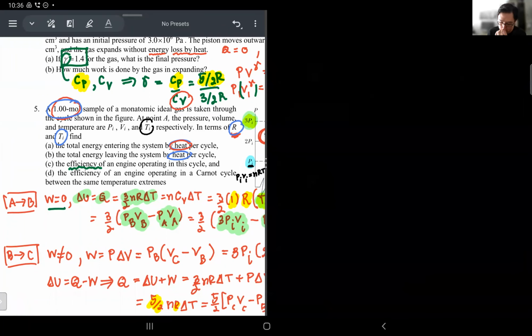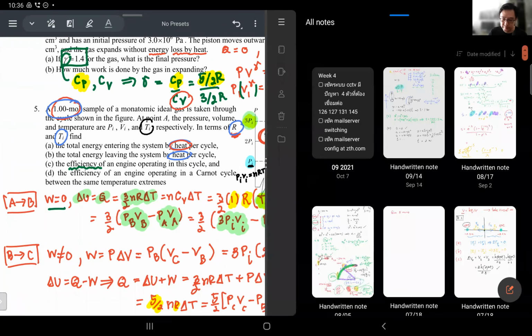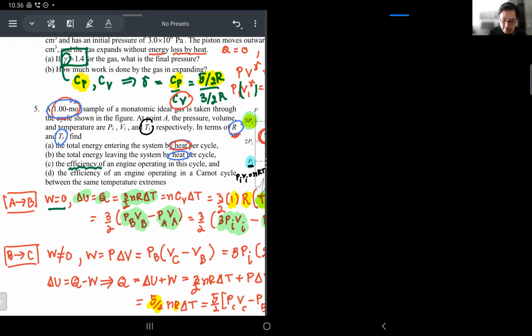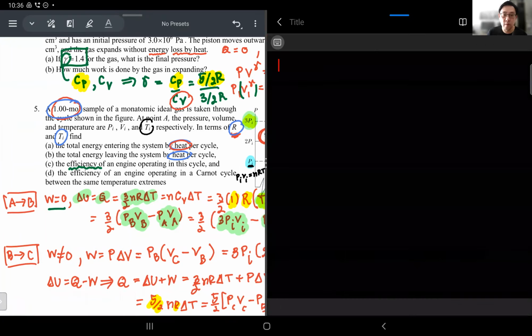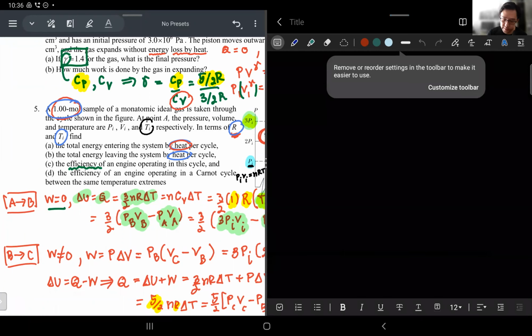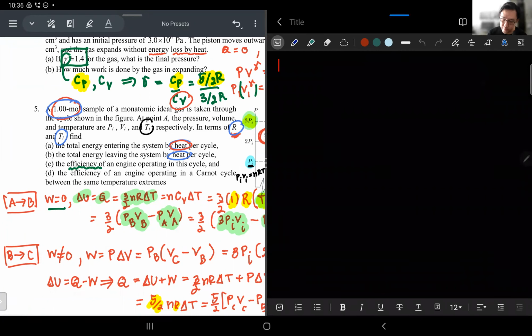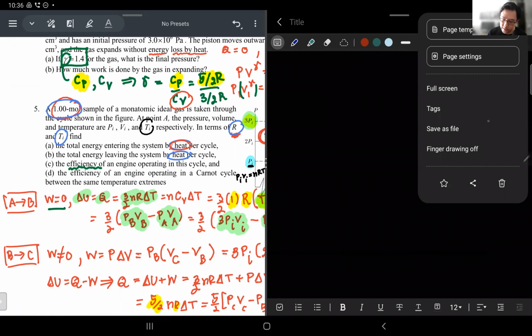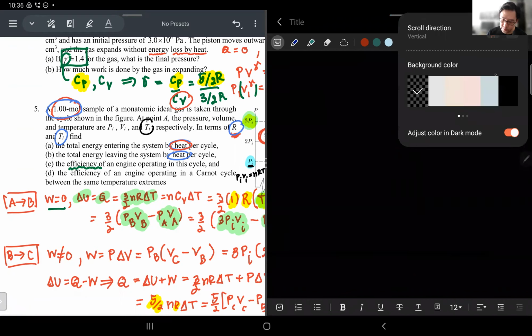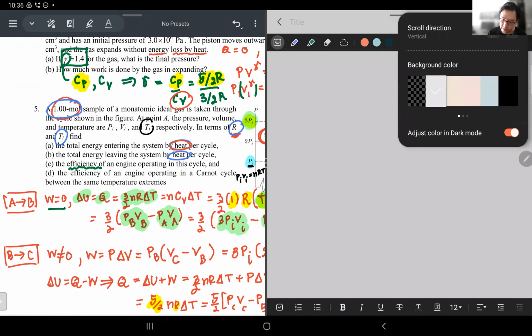There you go. Okay, keep going. I think it's better to look like this. Oh, this looks new. Don't use the dark mode here. All right, here we go.